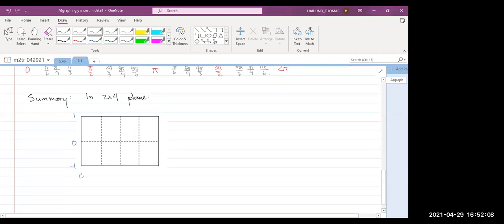The angle starts from 0 up to 2 pi, the middle is pi, this is pi over 2, 3 pi over 2. Now for the graph of sine, you start from the middle, you go up, go back to the middle, go down, back to the middle, and then you make it curve.